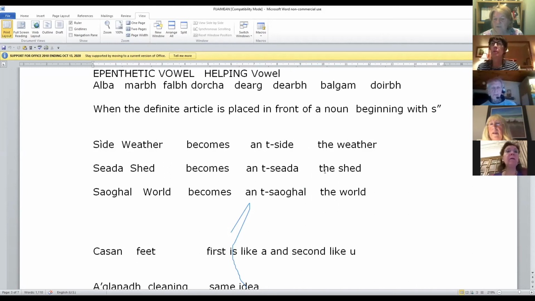Inchede becomes the shed. Serve, again a GH in the middle and it disappears in the sound, is world. Becomes inhurl. Inhurl. And you've dropped your S sound as well there. So any word beginning with an S, when you have to make it the something or other, you have to go A-N-T hyphen and drop the S sound.